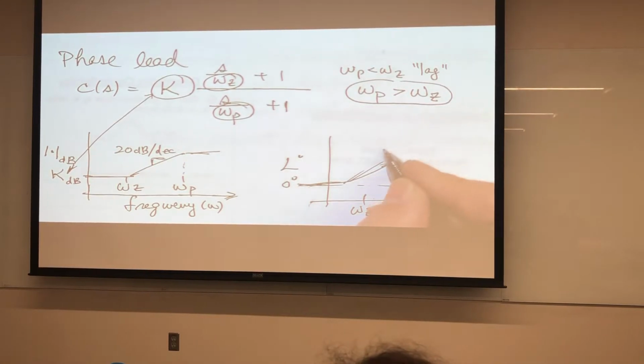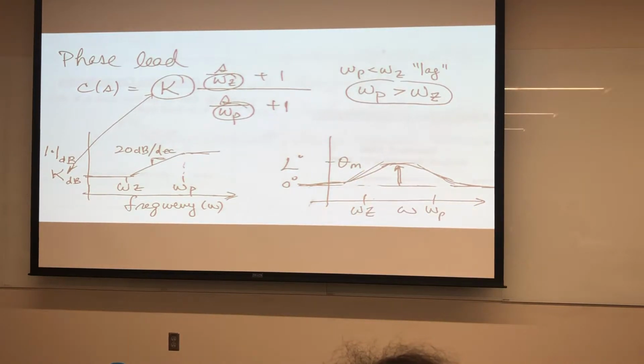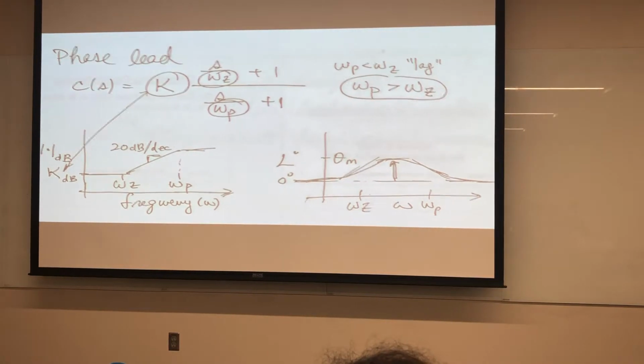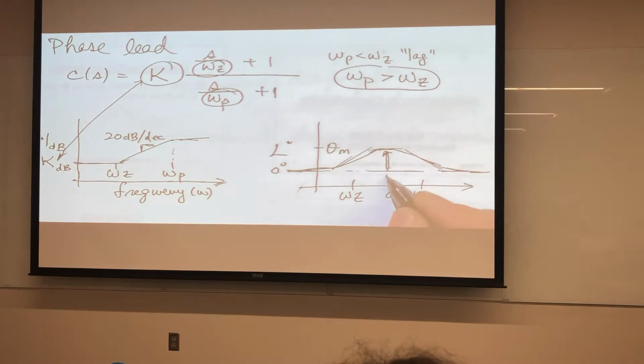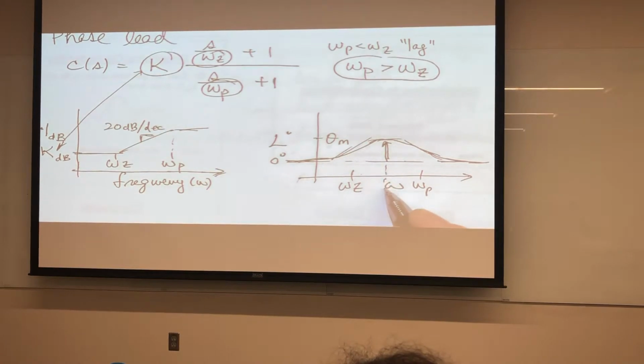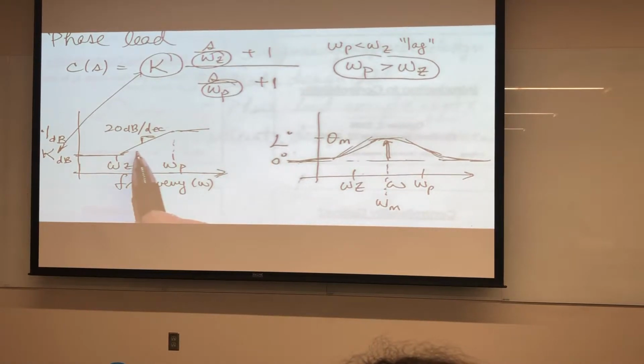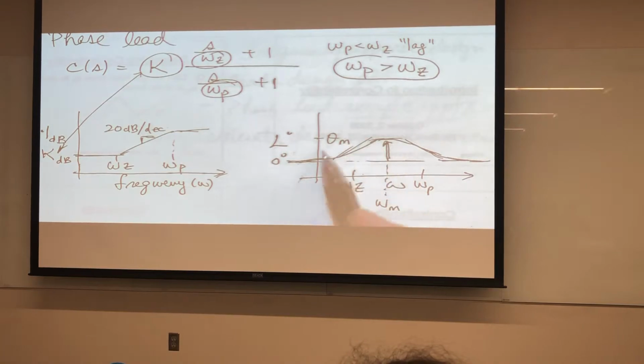I'm going to call this distance right here theta m. m stands for maximum. Where's the maximum? It occurs halfway in between these two points right here. I'm going to call that omega m. Now there are some equations for these characteristics, and I want to take a look at them. Let me first take a look at the phase, since I drew that most recently.